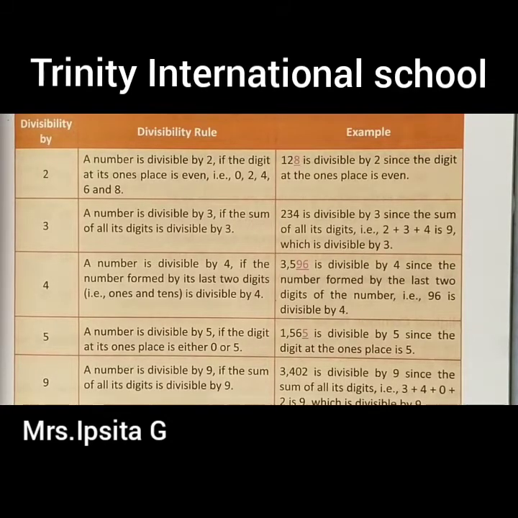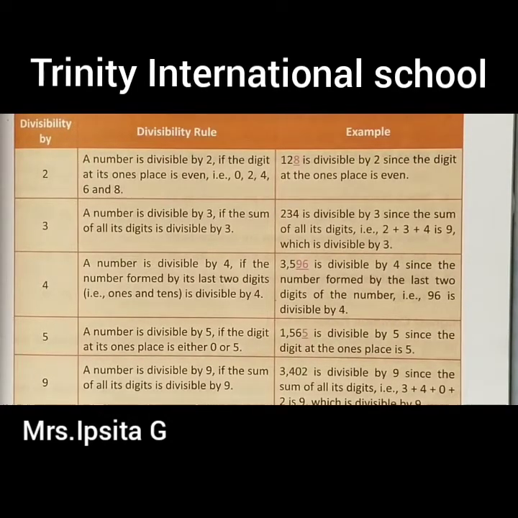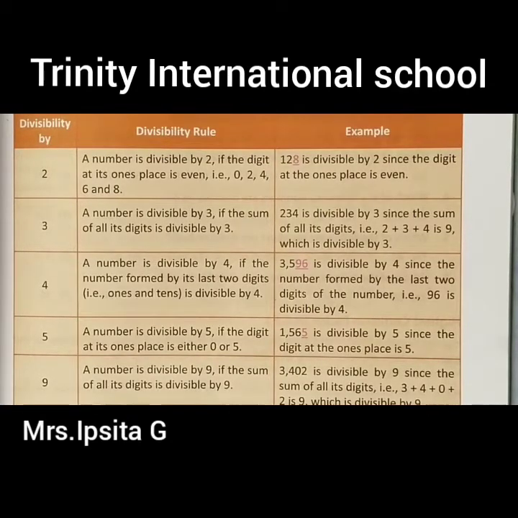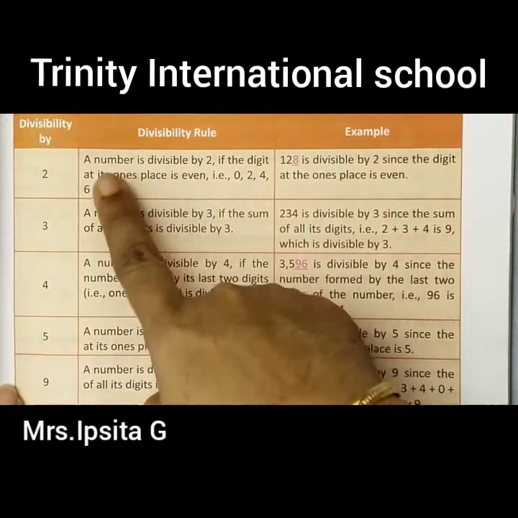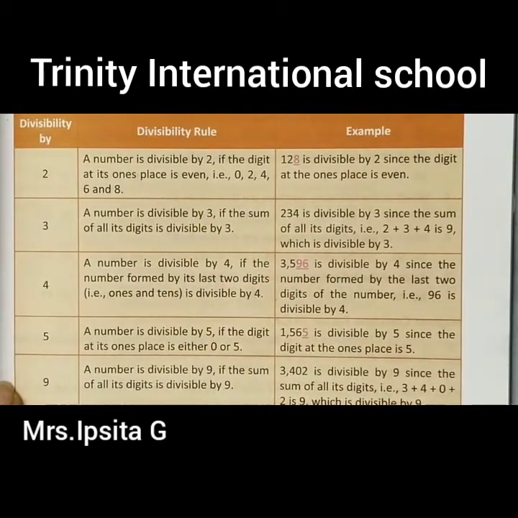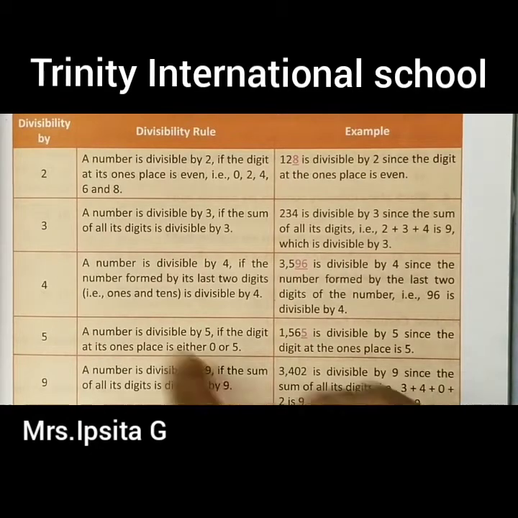Then you have to follow a certain rule. आपको कोई एक नंबर दिया गया होगा और अभी आपको ये पता करना है whether that number is divisible by 2 or not. You have to follow a certain rule. That rule is written over here. We will go through this rule and understand what it means.